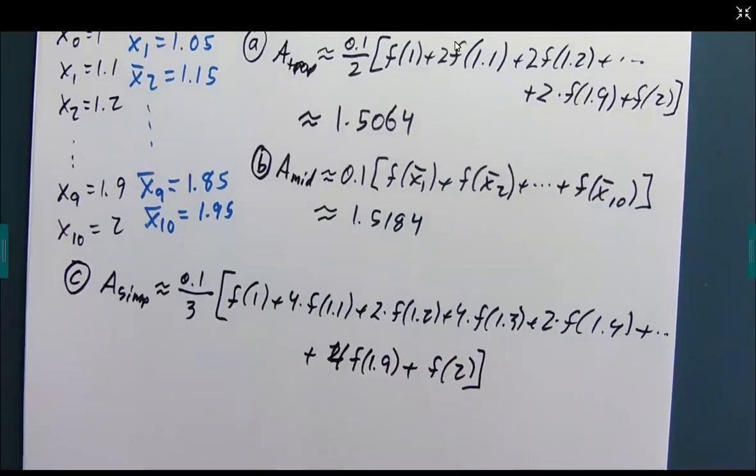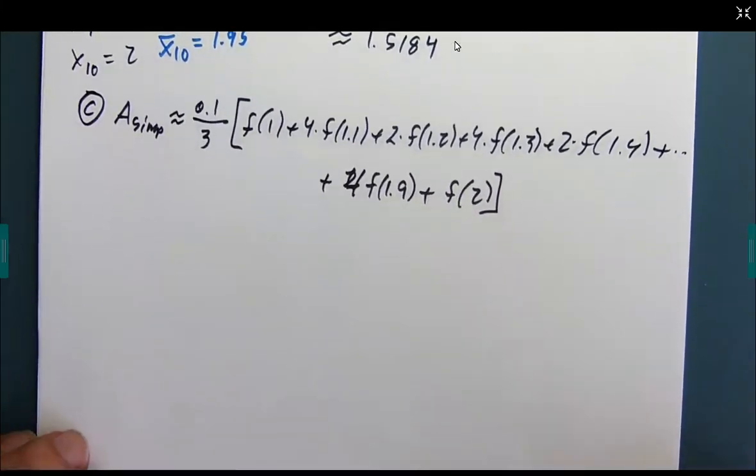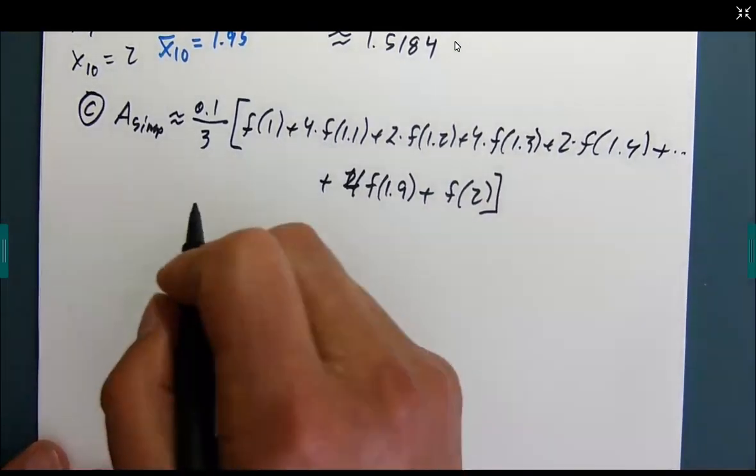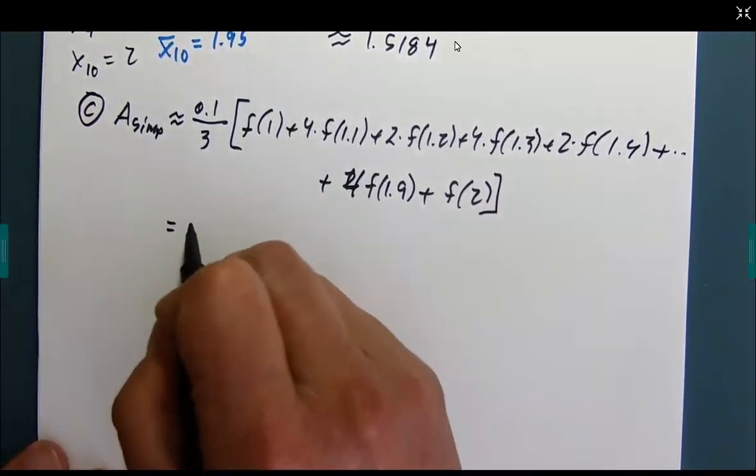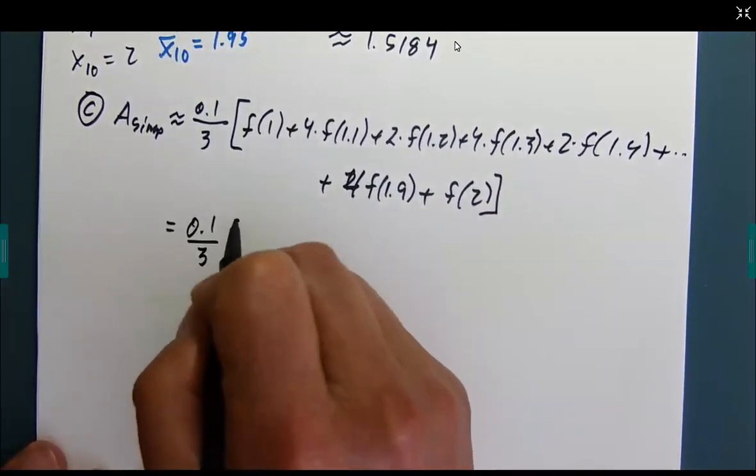And I'm going to rewrite this a little bit. So 0.1 over 3, we'll get to that.